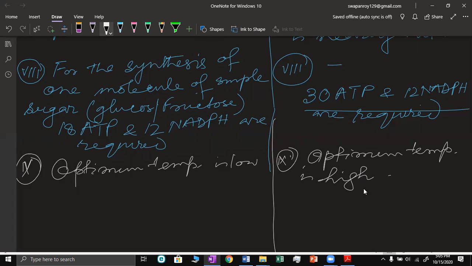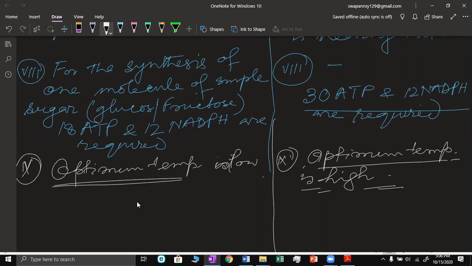Optimum is that temperature and level at which any physiological process occurs at maximum. That is the temperature suitable for any physiological process, that is the optimum temperature or optimum condition.